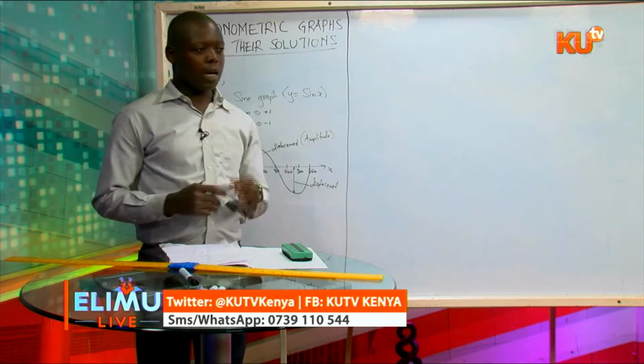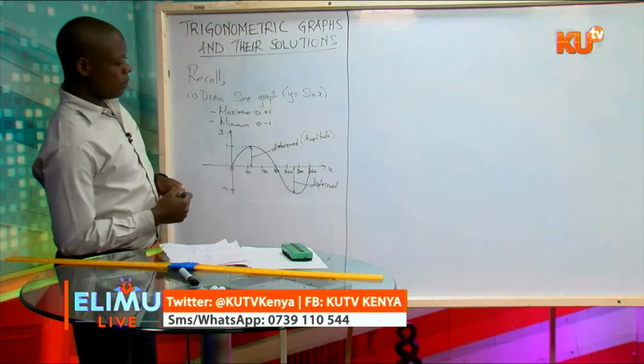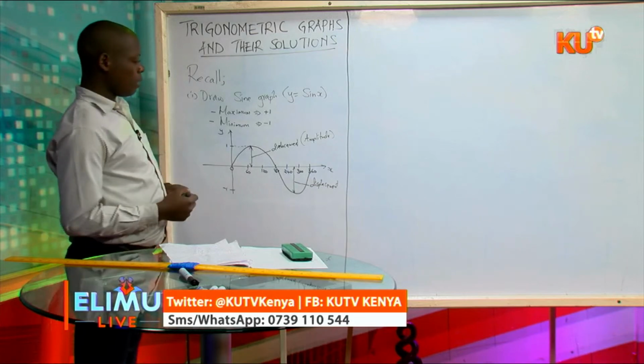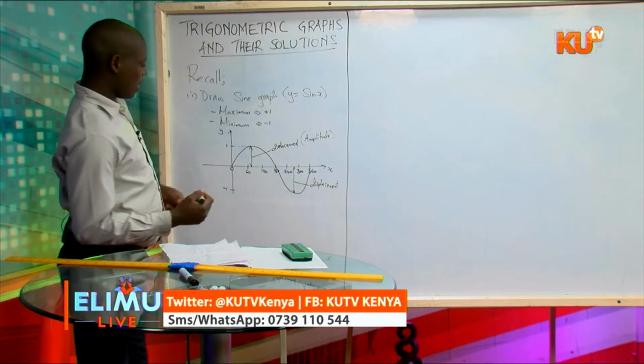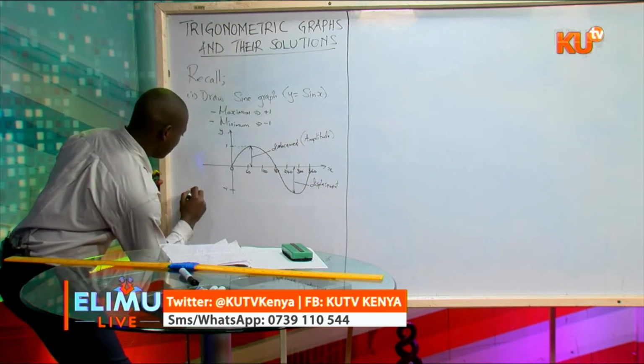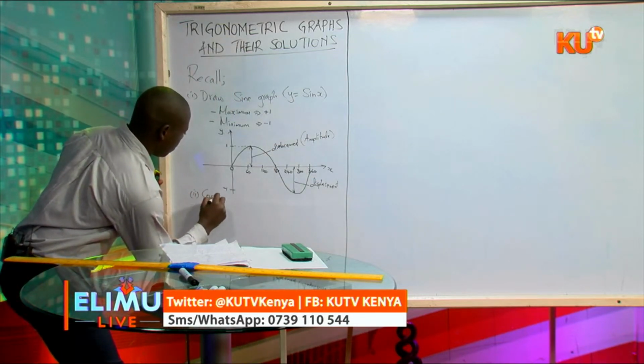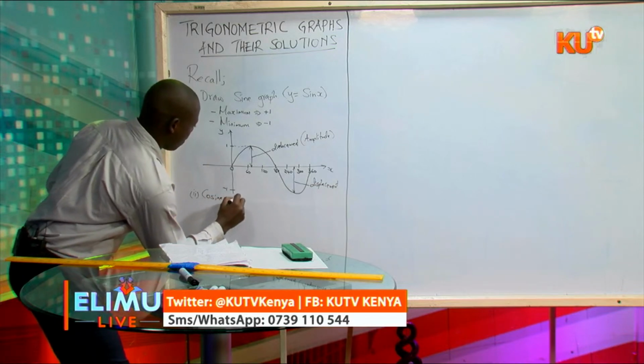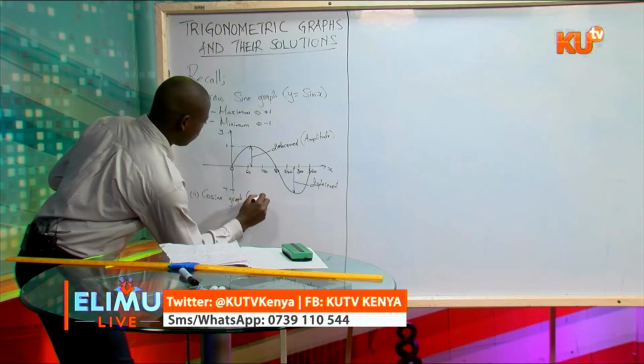And then you are again able to draw the cosine graph, and the cosine graph appears this way. The cosine graph, in this case we are saying y is equal to cos x.